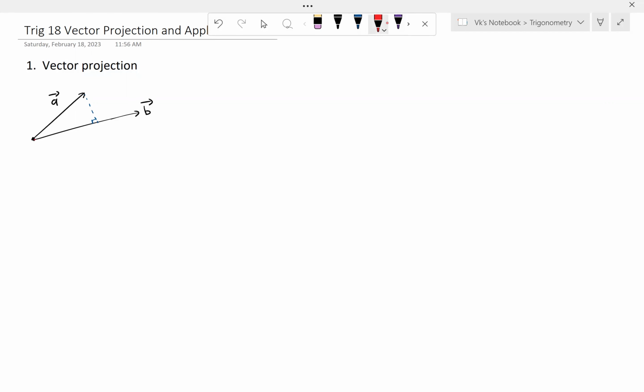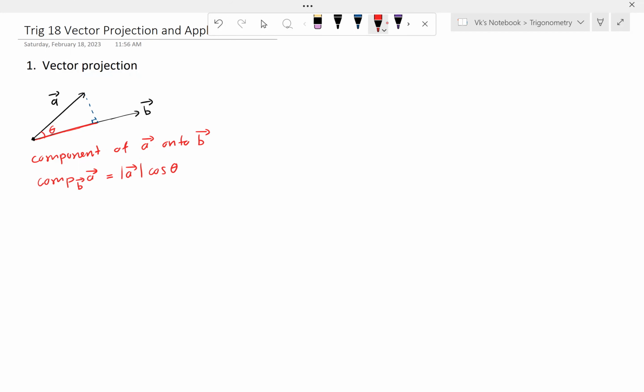This component of vector A, the x component, is called the component of A onto B. And the notation is com A onto B, which is the magnitude of A multiplied by cosine of the angle theta.